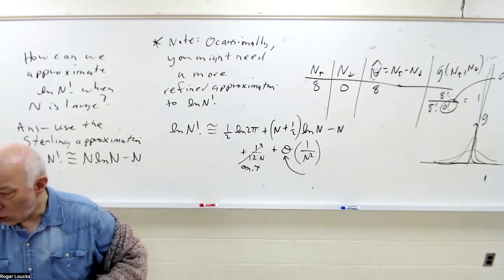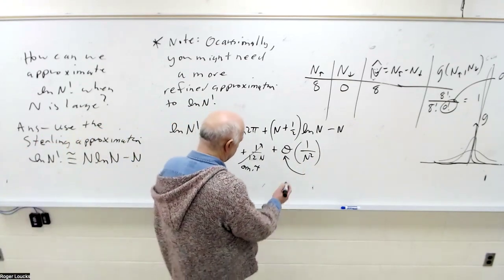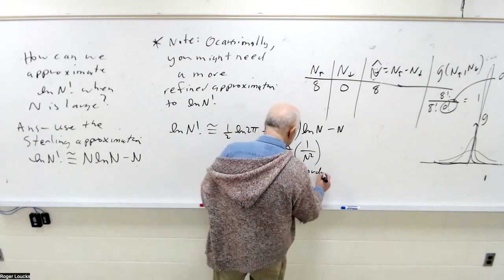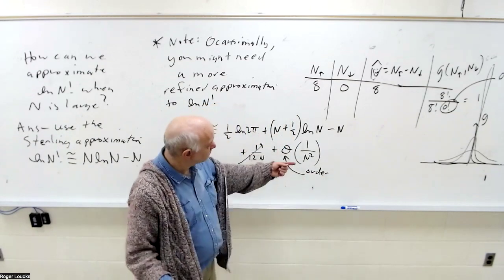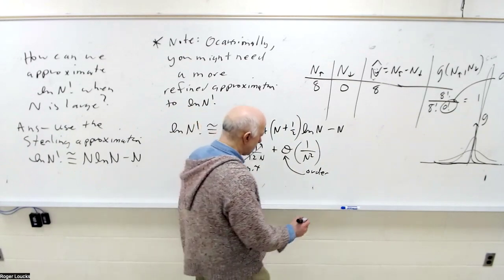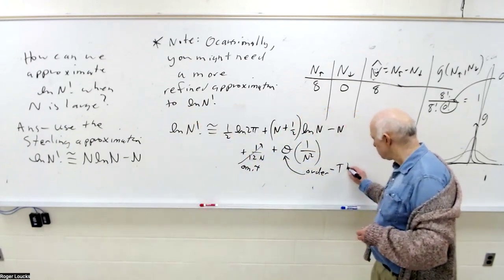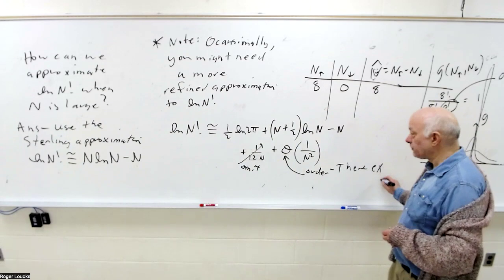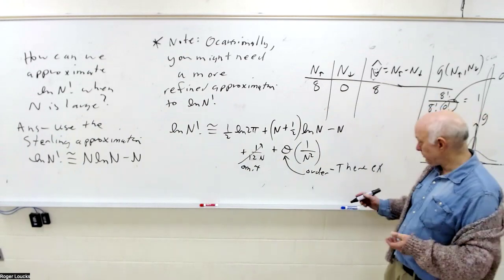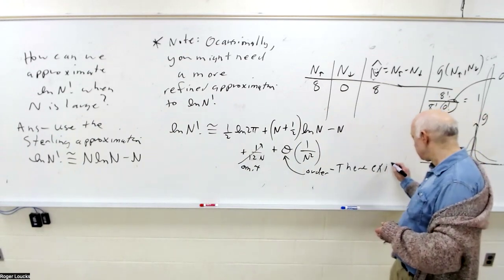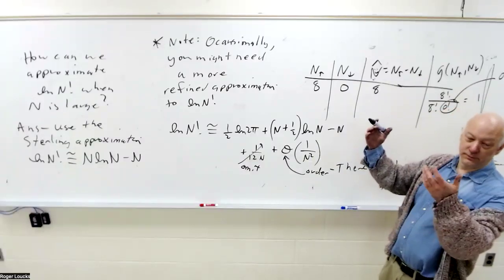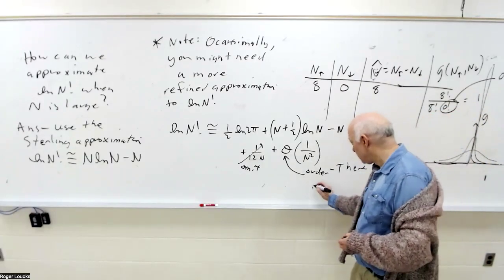It means order. And it means that there's going to be a term that's going as 1 over n squared. All this means is there exists. I really like saying there exists. It makes me seem like a mathematician. Why would you want to seem like a mathematician? I married one. Okay, so there exists a term.